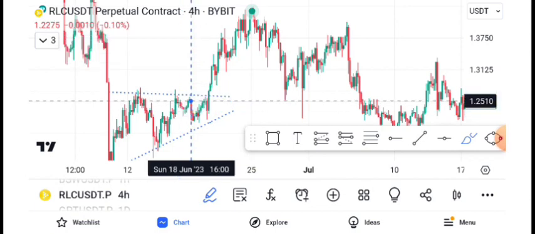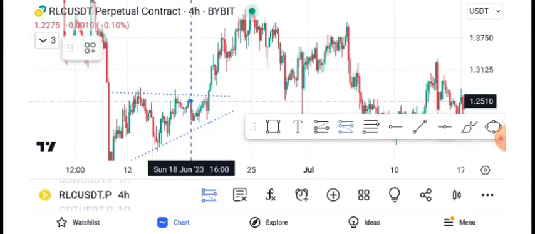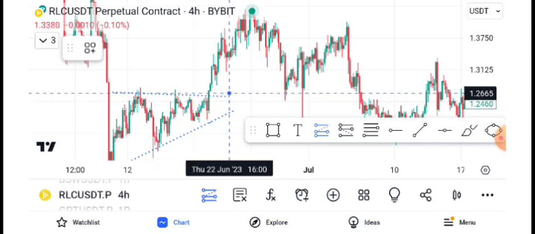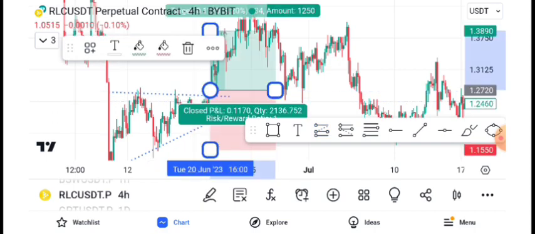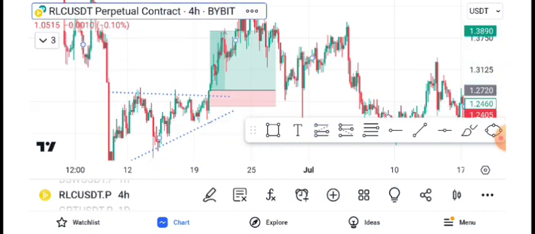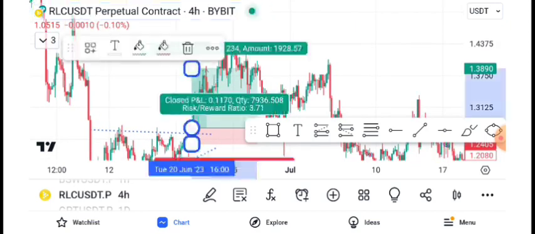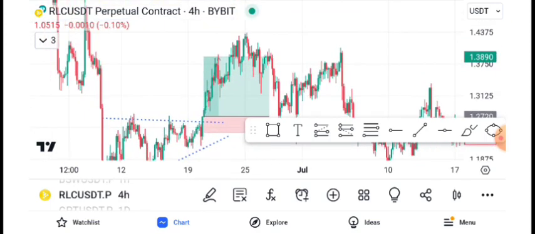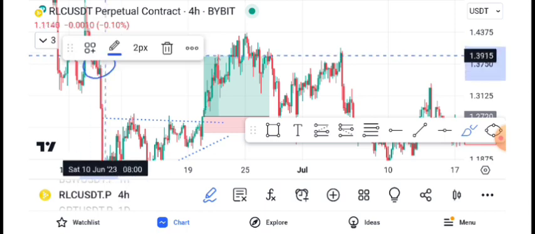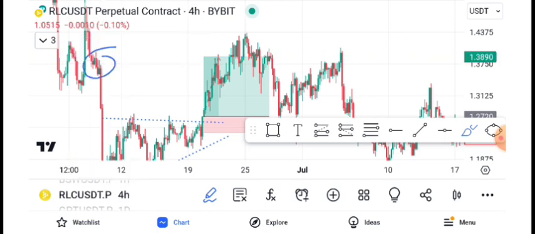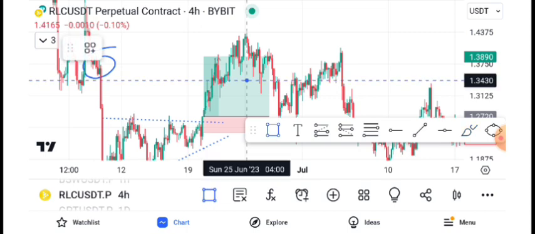Then what? Let me plug my entry, long entry during this zone, boom, stop loss half of the. You already see take profit, previous high. This is my take profit, pull TP successfully. So don't play with it.